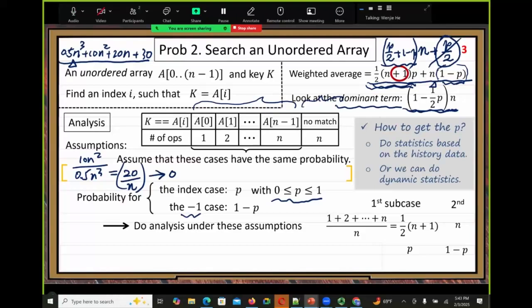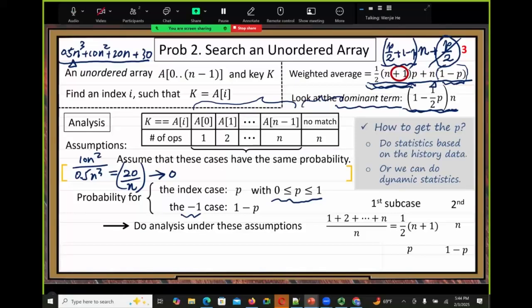Because remember, I said last time, we only worry about the situation when n is large. When n is relatively small, we don't worry, because our computer is very powerful. Our computer can handle relatively small n easily. But it is very hard to do the calculation when n is very large.